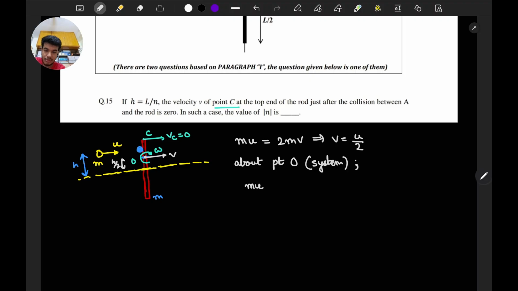So the initial angular momentum is in this direction. Let me say the direction also. This is my positive direction. I'm taking this as positive into the paper.